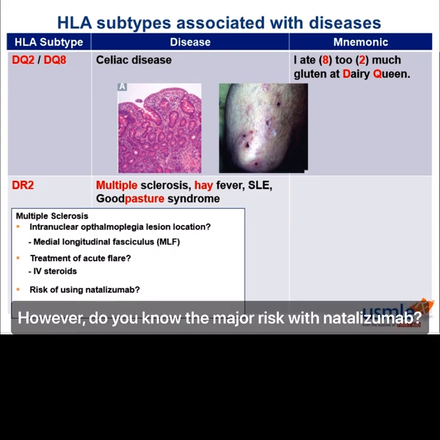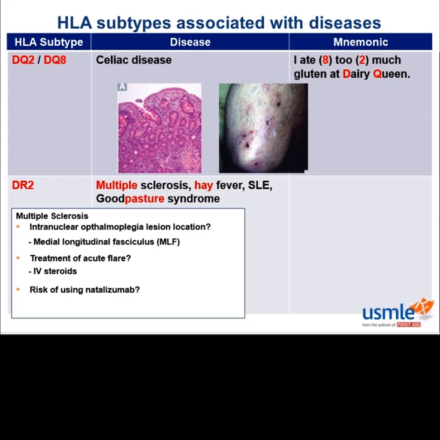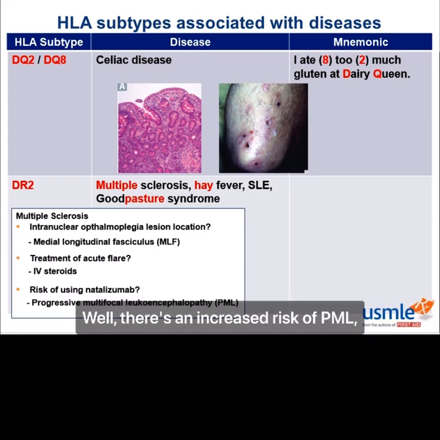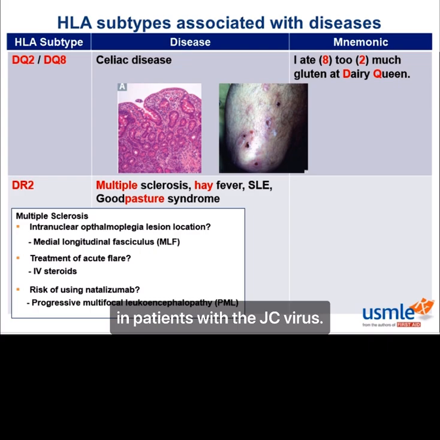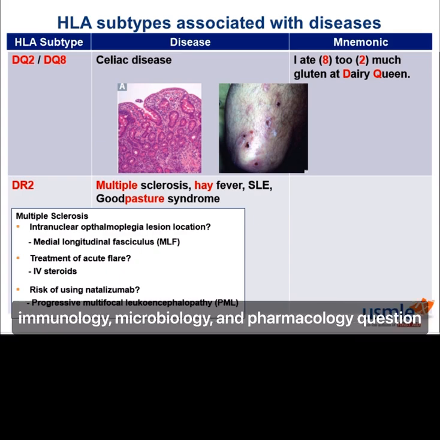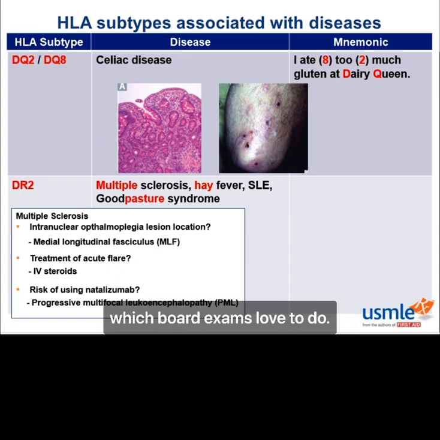However, do you know the major risk with natalizumab? Well, there's an increased risk of PML, or progressive multifocal leukoencephalopathy, in patients with the JC virus. See, this is how a neuro question becomes an anatomy, pathology, immunology, microbiology, and pharmacology question, which board exams love to do.